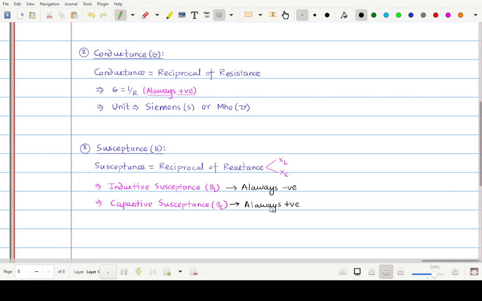Okay, so from the sign you can identify which type of susceptance it is. Okay, and similar to admittance and conductance, susceptance is also measured in Siemens or mho. Okay, so if your inductive susceptance or capacitive susceptance goes on increasing, it means current flowing through your inductor or capacitor will go on increasing.